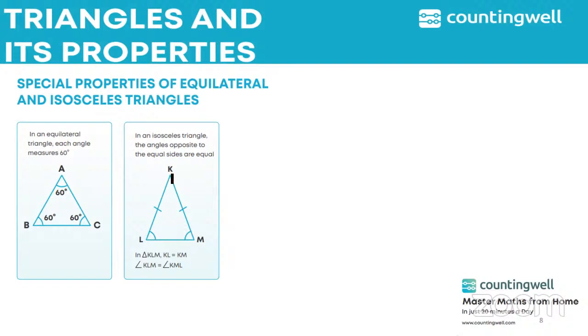So the angle opposite to side KM is angle L and the angle opposite to side KL is angle M. So in triangle KLM, as KL is equal to KM, the angles opposite to them are also equal. And also for an equilateral triangle, each angle measures 60 degrees.